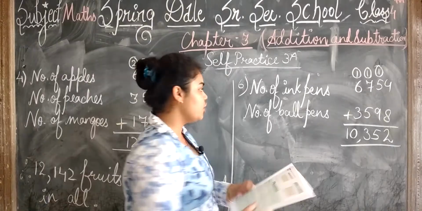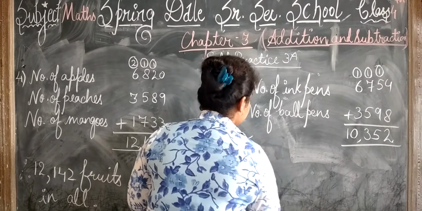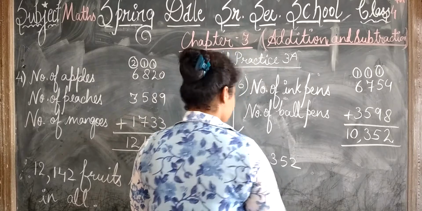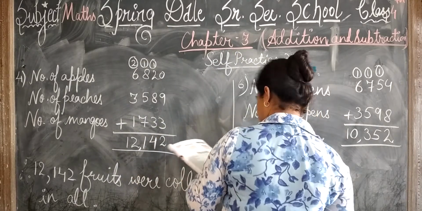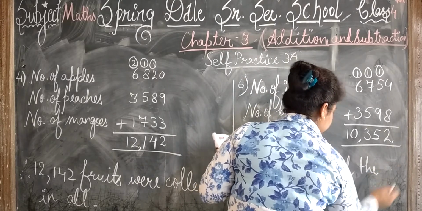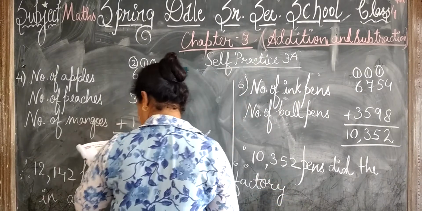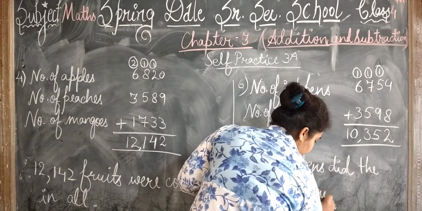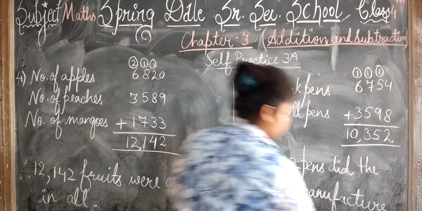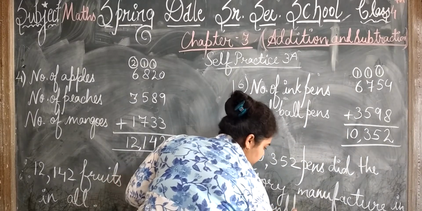10,352. So at last what are you going to write? Therefore, 10,352 pens did the factory manufacture in a month?